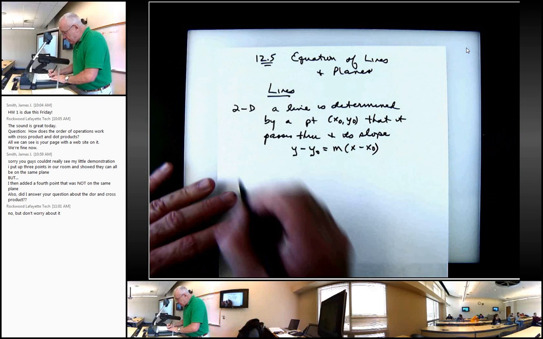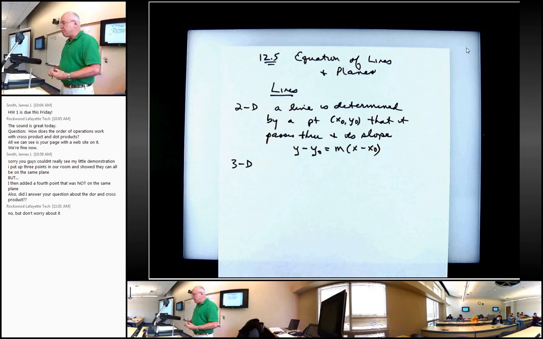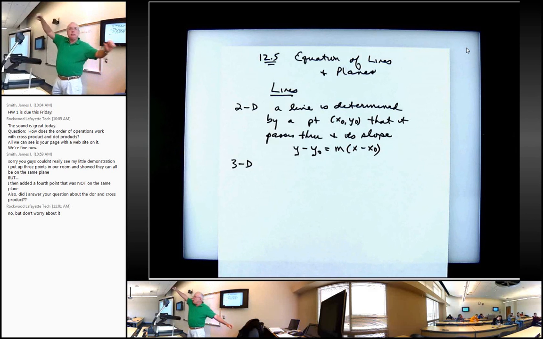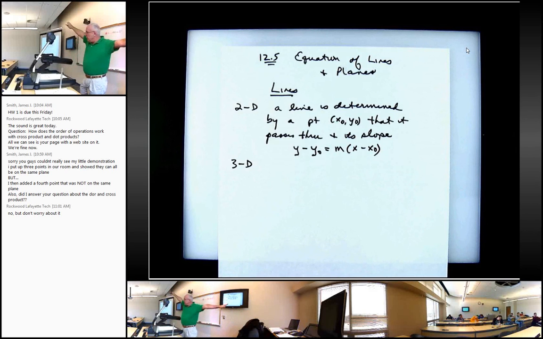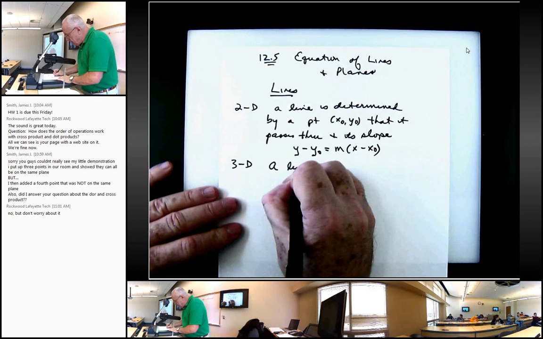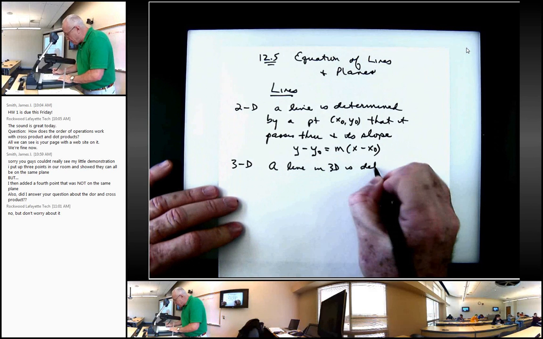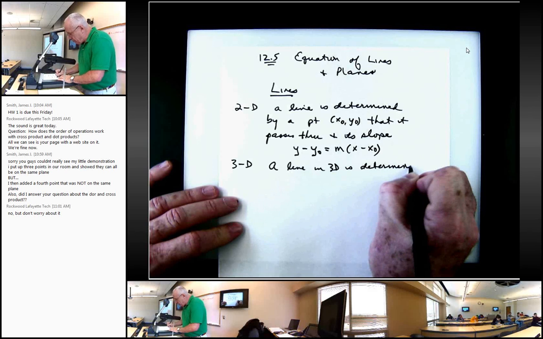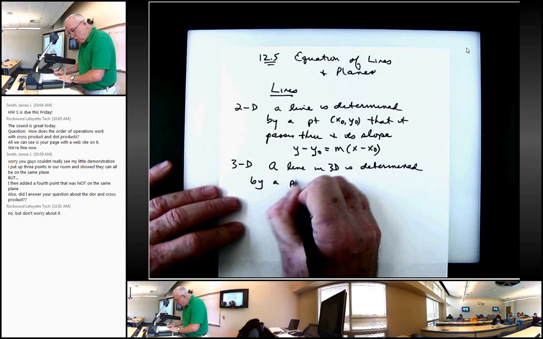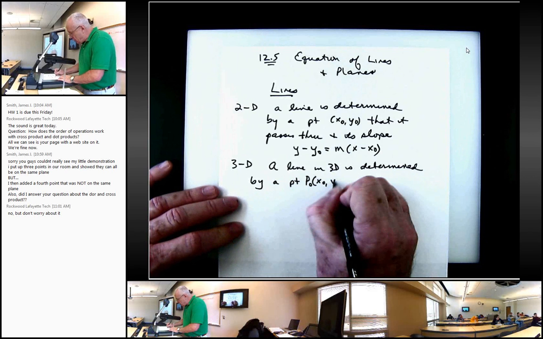There's a similarity here now in 3 dimensions. A line in 3-dimensional space is called a space line. In other words, it's just some straight line going from there to there infinitely, okay? Just little threads, all right, that's going straight through. A line in 3D is also determined by a single point that it goes through. And we'll call that P naught, X naught, Y naught, and Z naught.